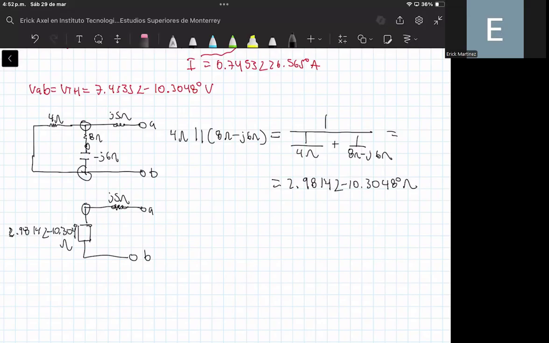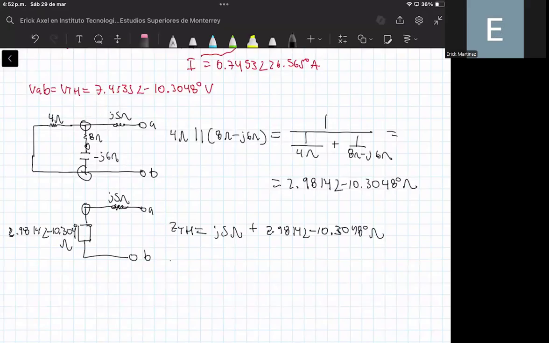and you will notice that the Thevenin impedance is equal to 5 ohms plus 2.9814 with an angle of minus 10.3048 degrees ohms.